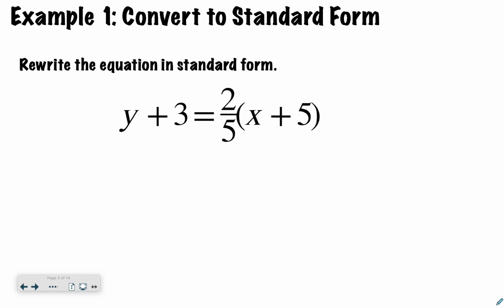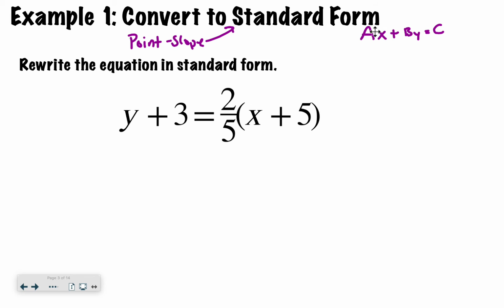Okay, so first, let's practice converting to standard form. So if I look at this equation, I can see that this is my point slope form, and I'm going from point slope to standard form. Okay, so with standard form, we are looking for that ax plus by equals c.